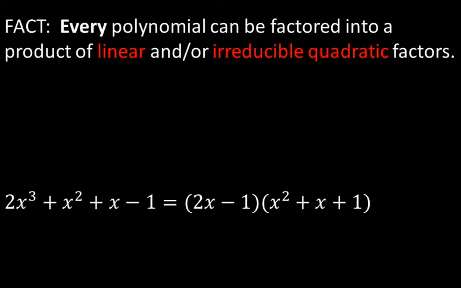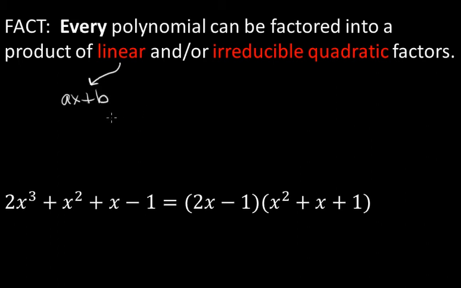So this is a fact. In fact, it's really a major theorem in algebra, that every polynomial can be factored into a product of linear and or irreducible quadratic factors. So let's make sure we know what each of those words mean. A linear factor is of the form ax plus b.